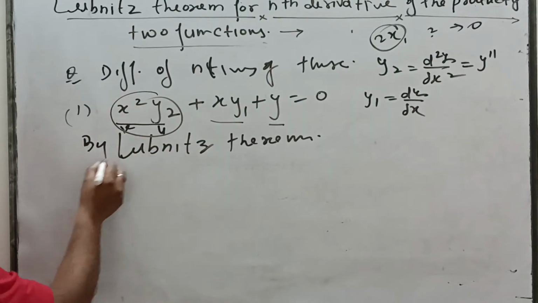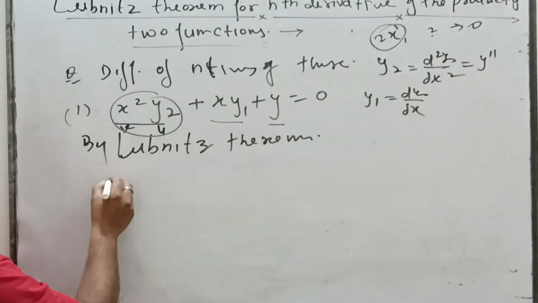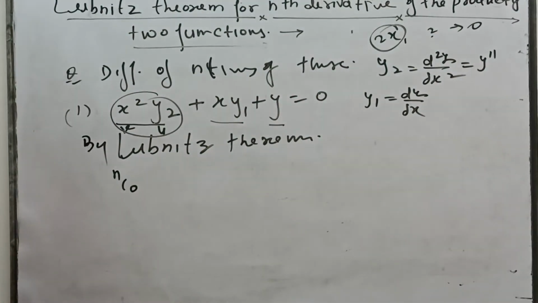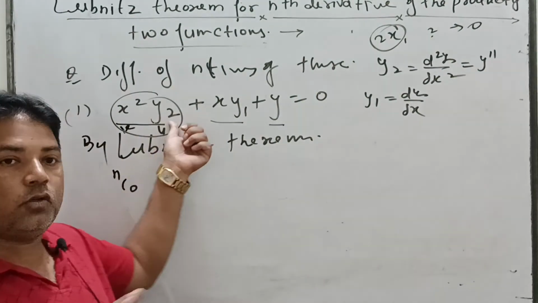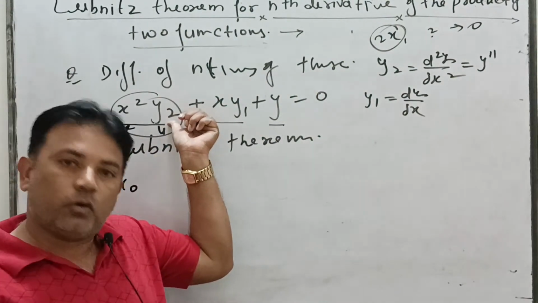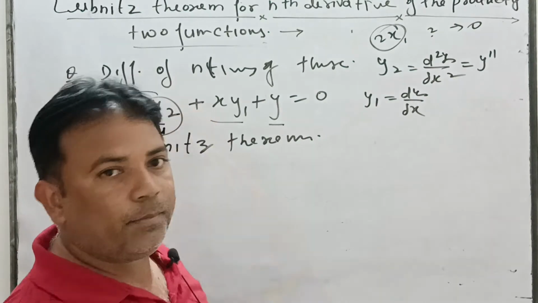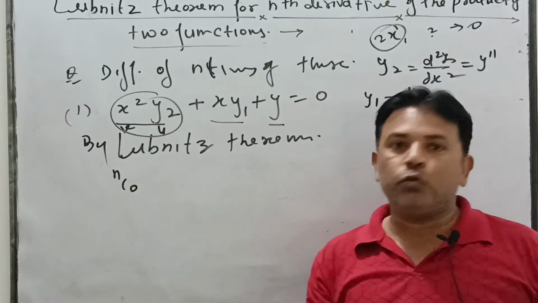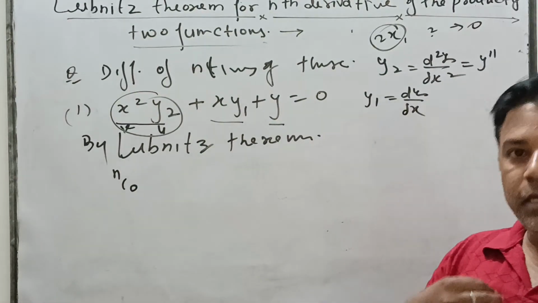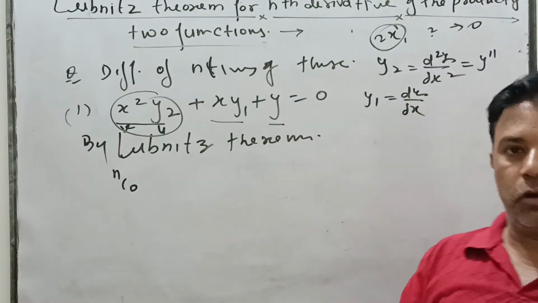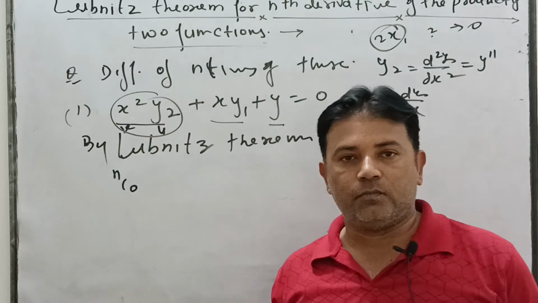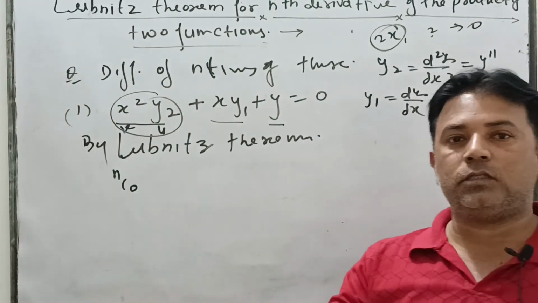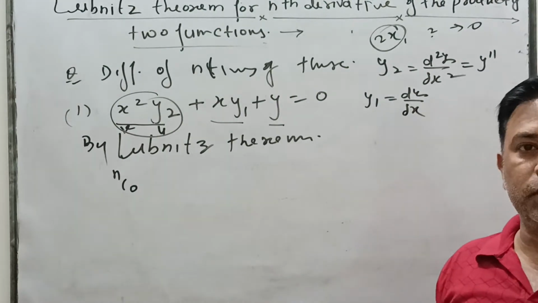So applying Leibniz theorem, nC0 un, where 2 times is already differentiated. You know that if you already have 2 points, and I give you 3 more points, then the total is 5 points.